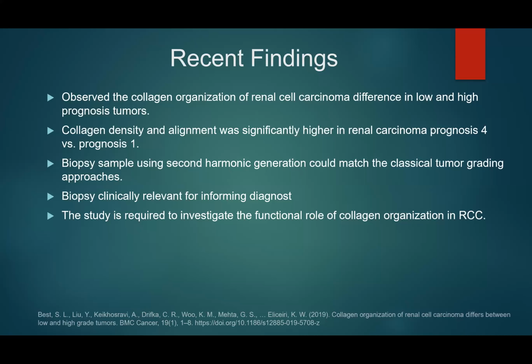And that the biopsy sample using the SHG could match the classical tumor grading approaches, and it can also be clinically relevant for diagnosis. And also, further study will be required to investigate the functional role of collagen organization in renal cell carcinoma.